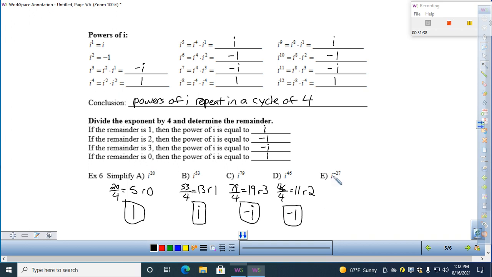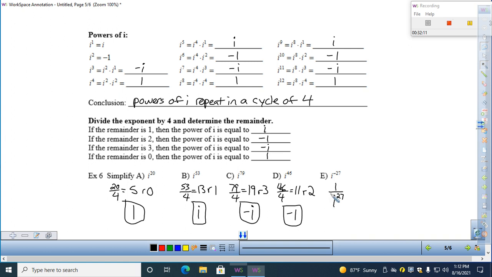Now this is a good one right here. i to the negative 27th. We have to be a little careful here because it's a negative exponent. How do I deal with a negative exponent? Well, I'm writing it down already, so you know this. We're supposed to put it in the denominator, right? We make it positive by bringing it on down. Now the 1 over is fine, but what is i to the 27th?